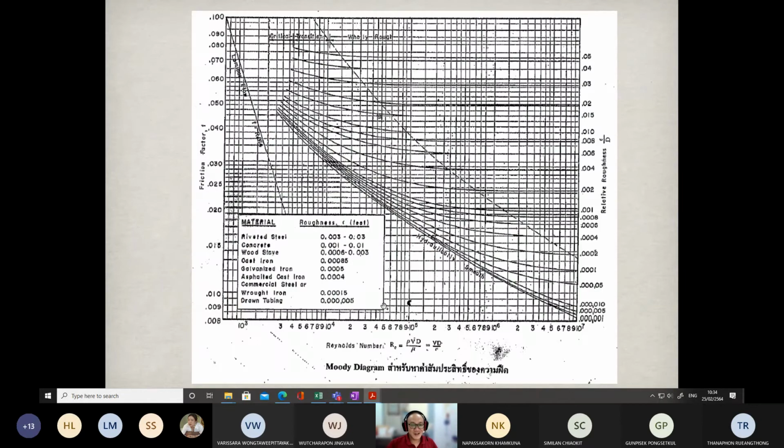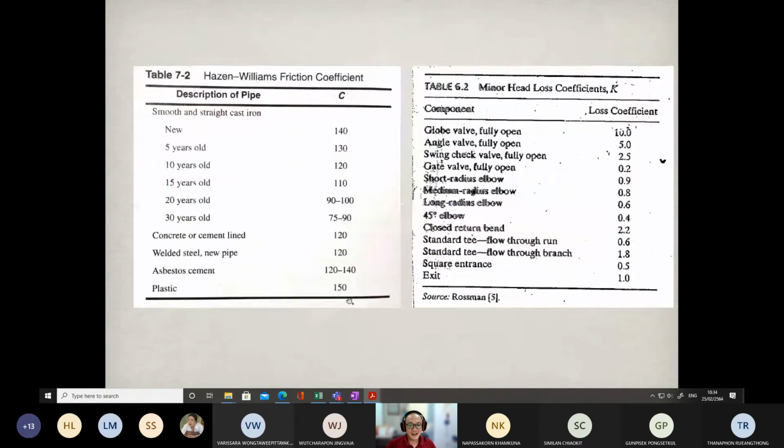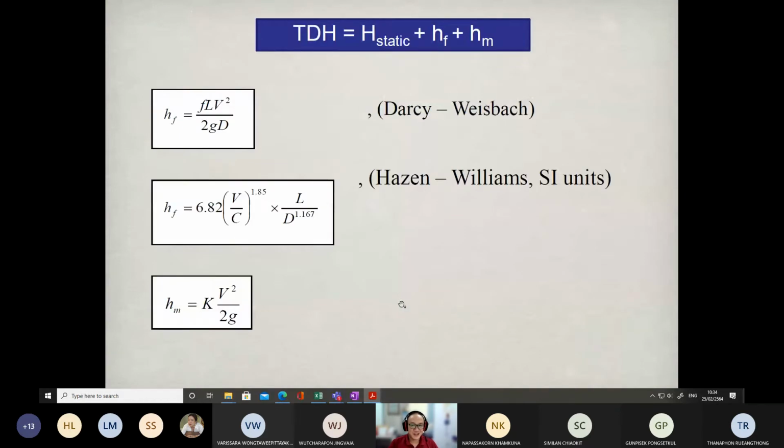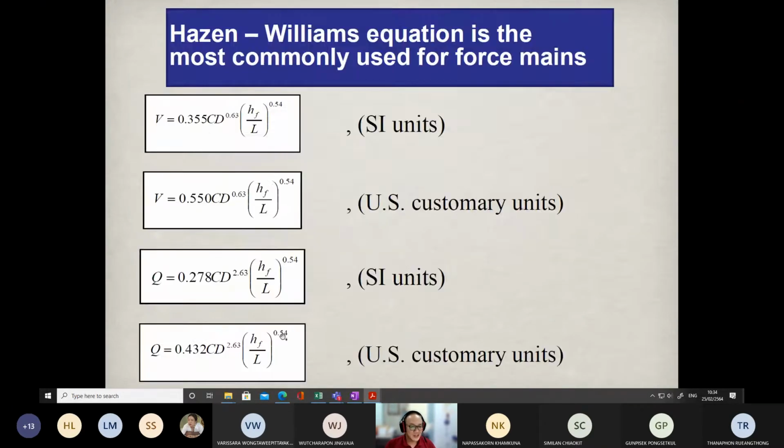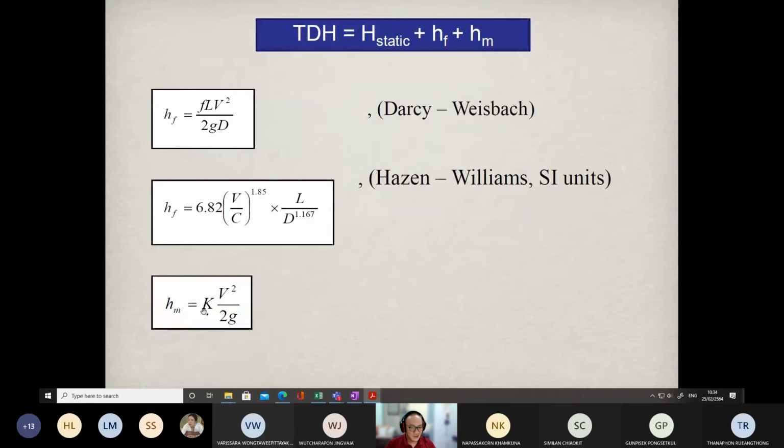Here is the information you have to use for the Darcy-Weisbach equation. But if you use the Hazen-Williams equation, it will be very simple. For the minor loss computation, minor loss is equal to K V squared divided by 2g.